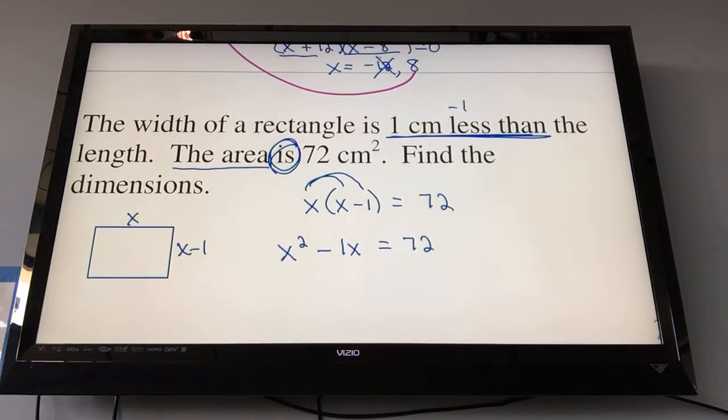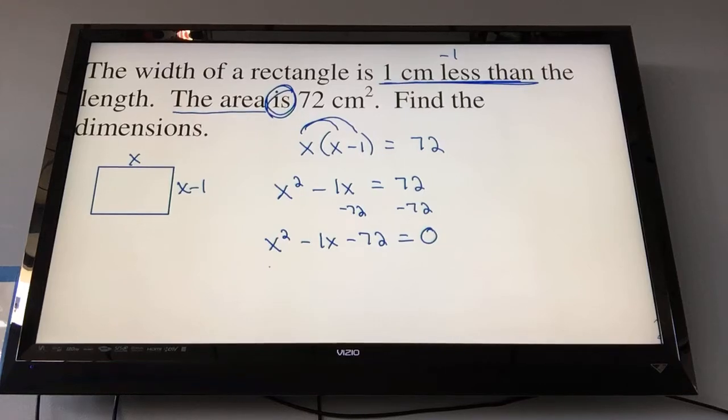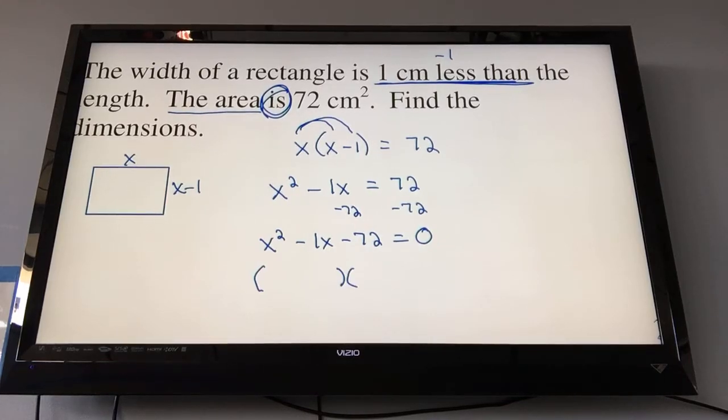X times X is X squared. X times minus 1 is minus 1X equals 72. Get this equal to 0. So X squared minus 1X minus 72 equals 0. Factor.